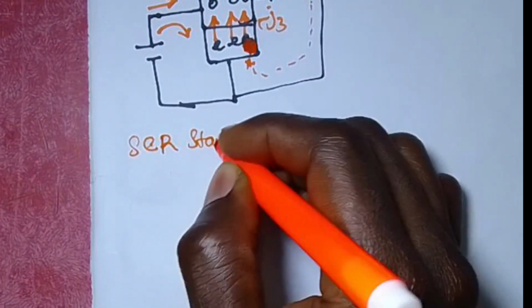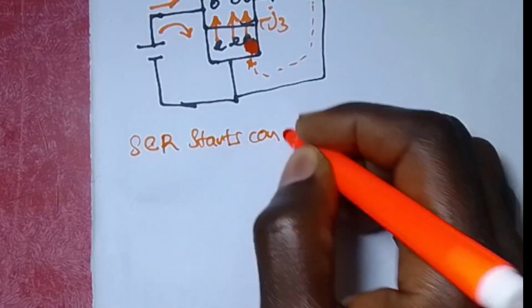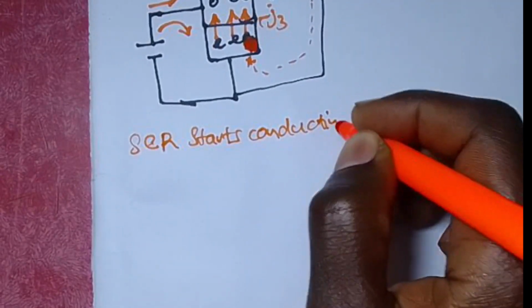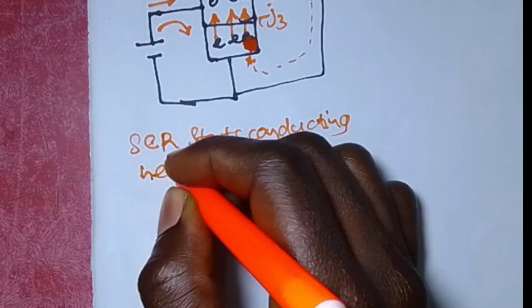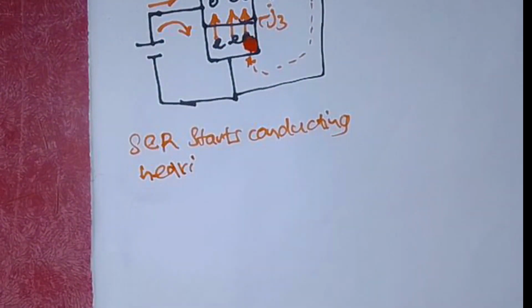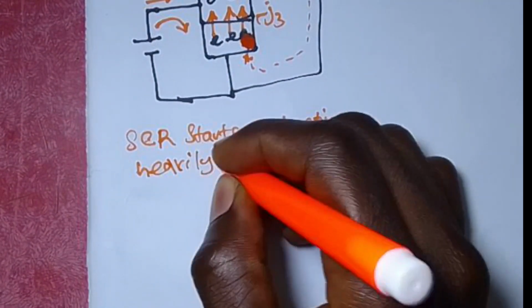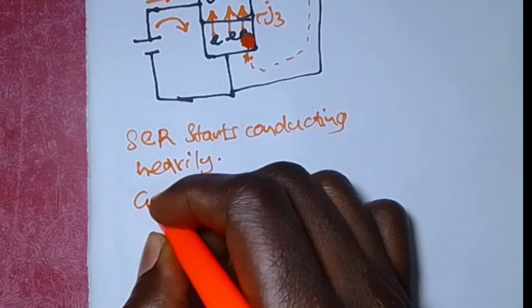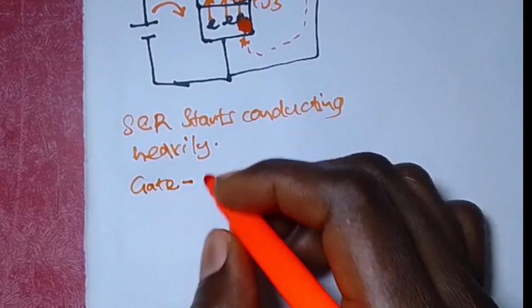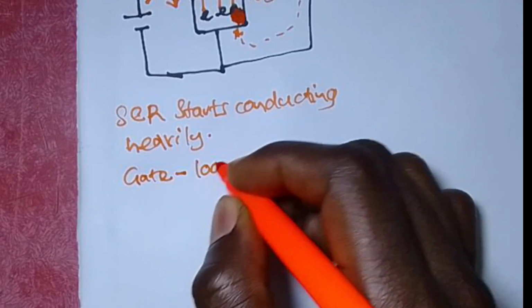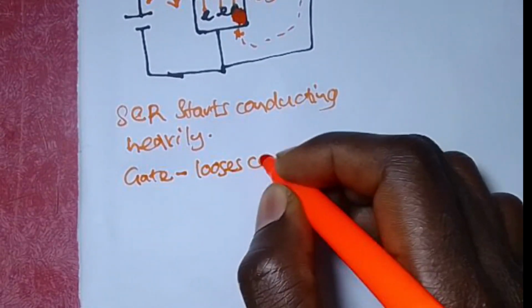So you can say that the SCR starts conducting heavily. And when the SCR starts conducting heavily, that means the gate, these are just the marking points, the gate loses control.